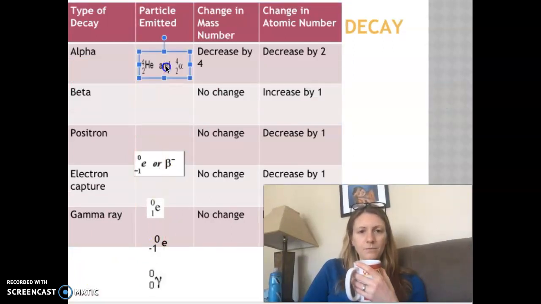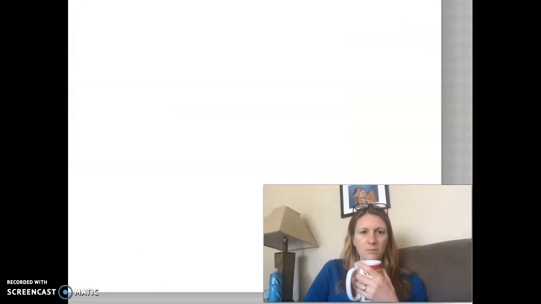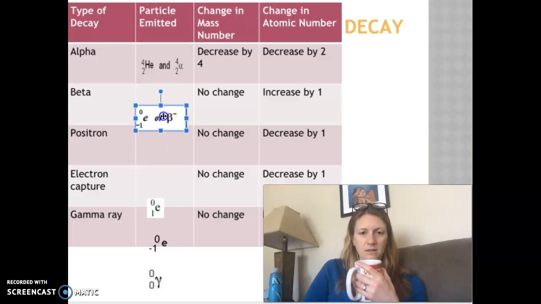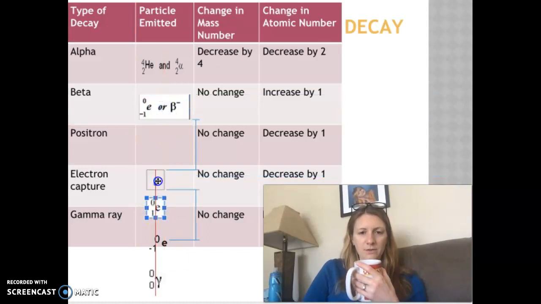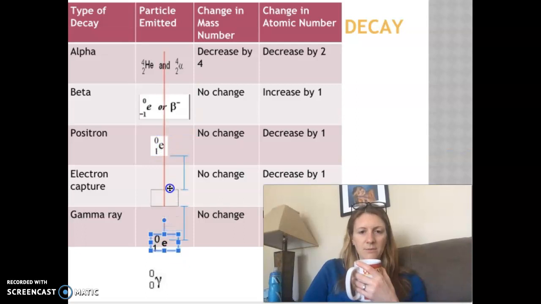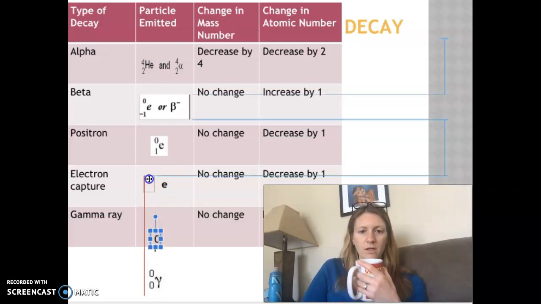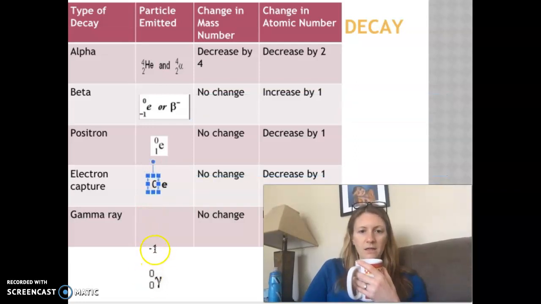So I recommend jotting this down so that you can more easily do those practice problems on Google Classroom. You can see that I've just taken our types of decay and put them into a quick table for you. So alpha decay has the 2,4 helium, or the 2,4 alpha, as its symbol.